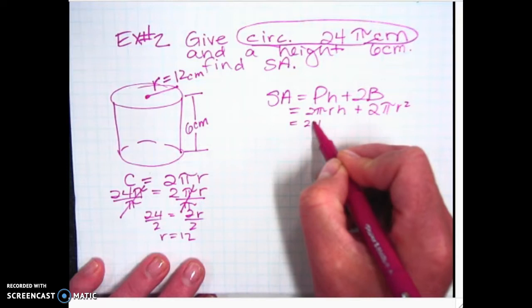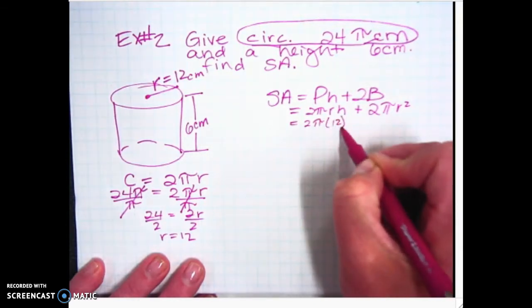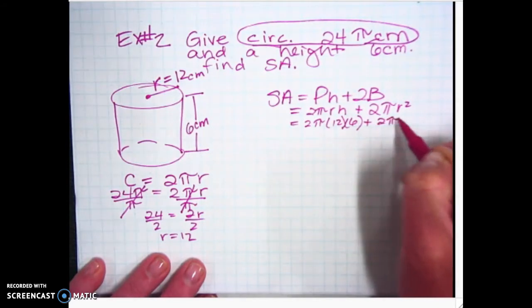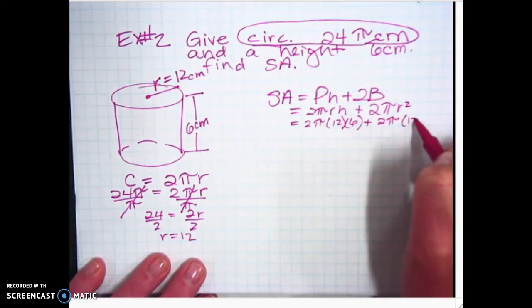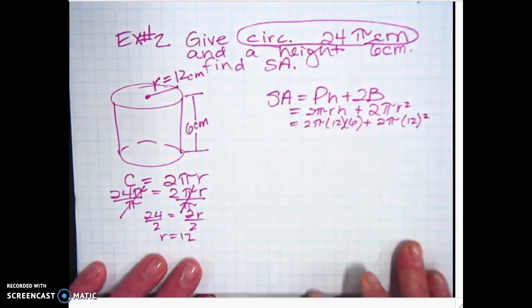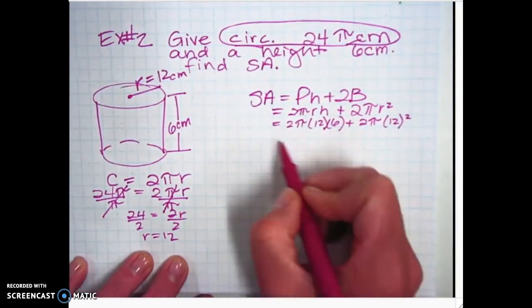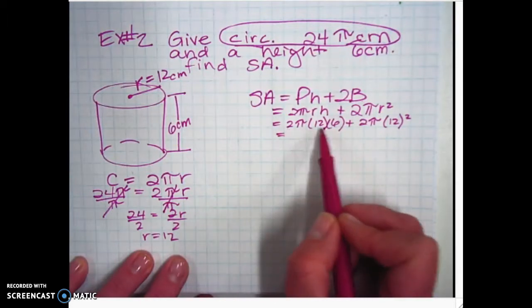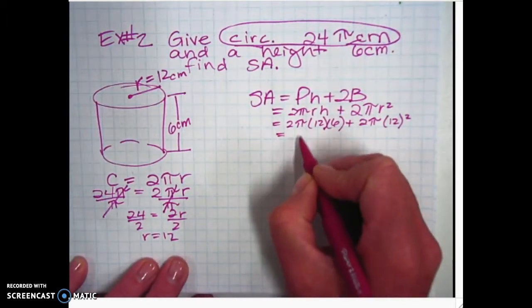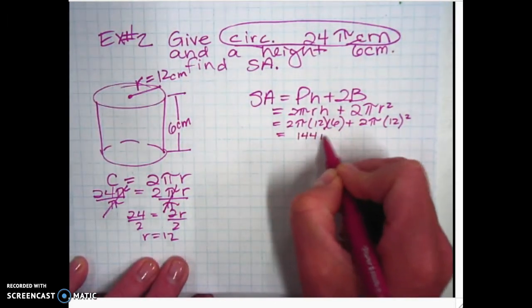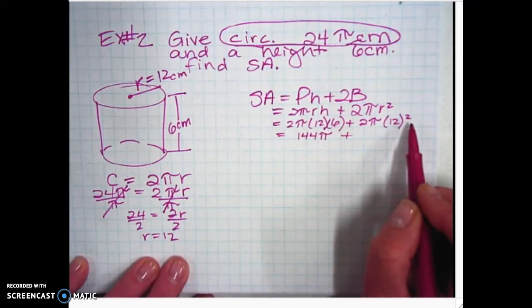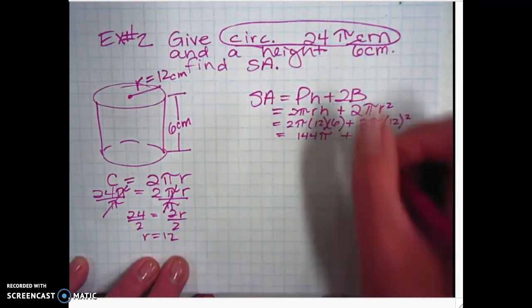So 2 pi 12 6 plus 2 pi 12 squared. All right. So this first term we want to multiply 2 times 12 times 6. I got 144 pi. For the second term, I'm going to square the 12, which is 144, multiply that by 2, so 288 pi.